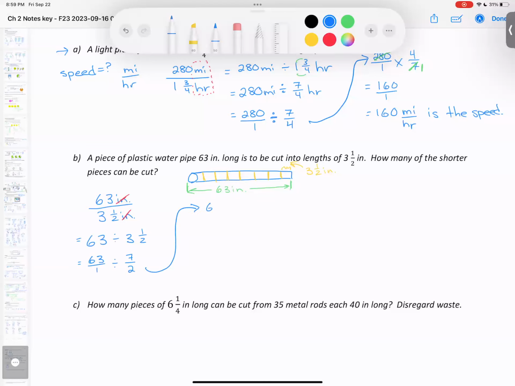So we're going to have 63 over 1 multiplied by 2 over 7 when we flip that. And I've got a 63 and a 7, both are divisible by 7. So I'm going to cross simplify here. And then I get 9 times 2 is 18 over 1, which gives me 18. So my answer here then would be 18 pieces can be cut.